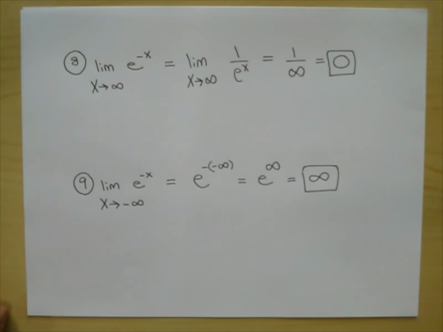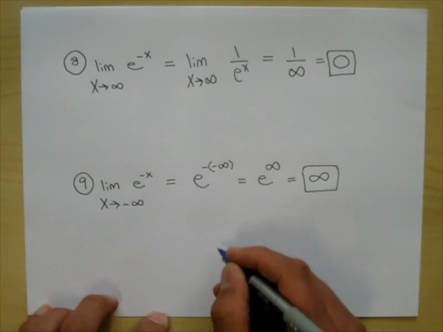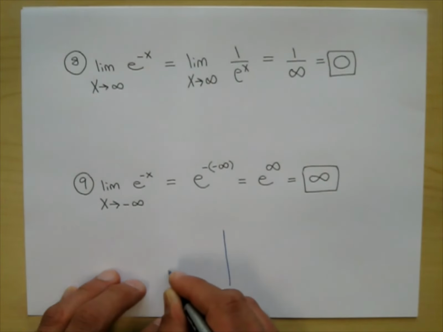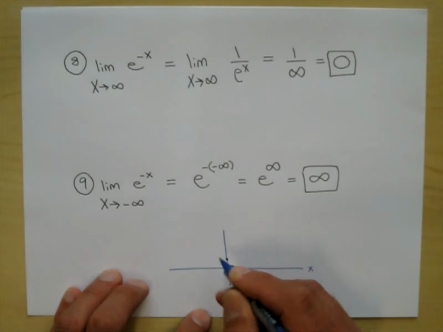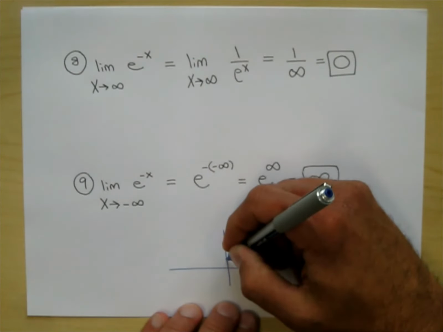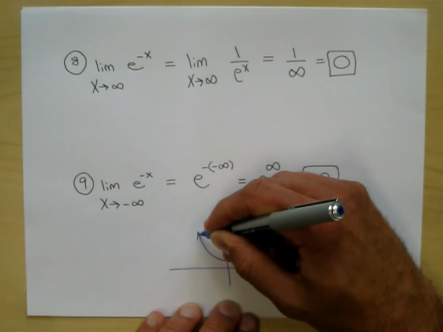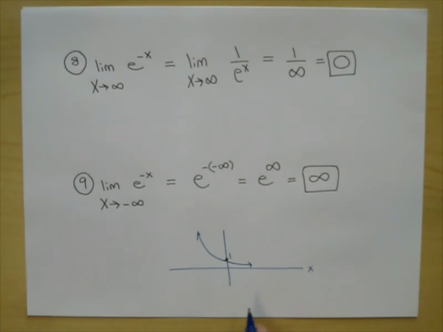And you may have remembered this function from pre-calculus. This function is the exponential function. It's important. The more important one is e to the x, but e to the negative x looks like this. Whoa. Like, kind of comes through here and goes like this. It's pretty weird.